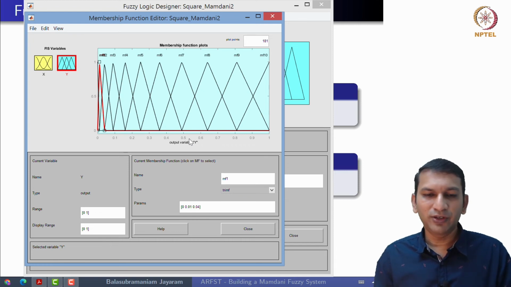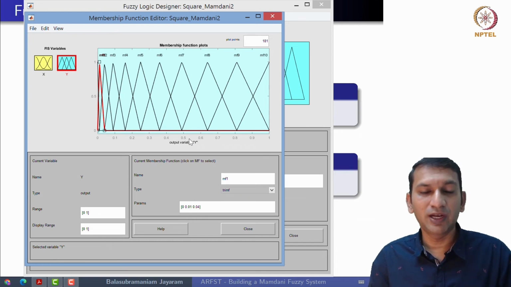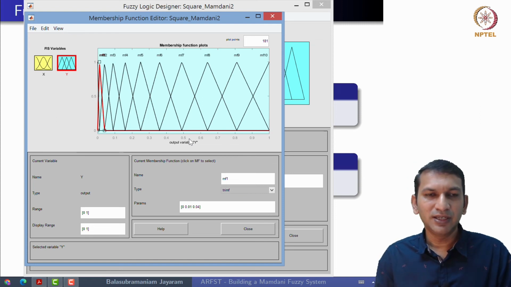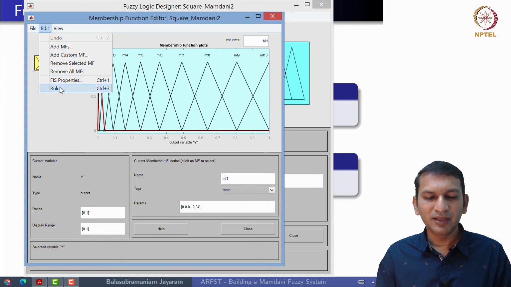Now, at this point of time, let us also recall what we had seen earlier, that largely when we have a rule base, we have more input fuzzy sets than output fuzzy sets. This is typical, and we have seen here now that there are 21 such input fuzzy sets and only 11 output fuzzy sets. Now, how do we relate them? Once again, it is clear that we relate them as follows.